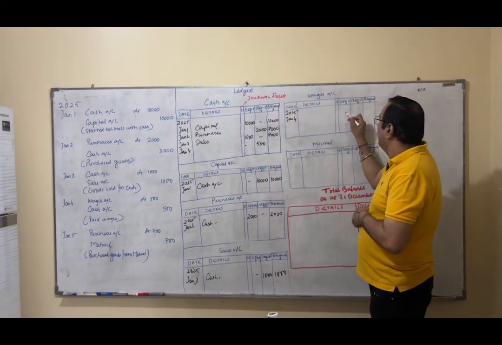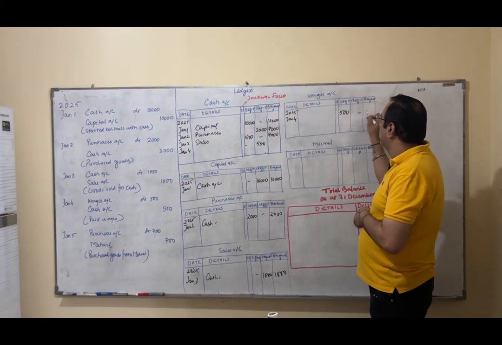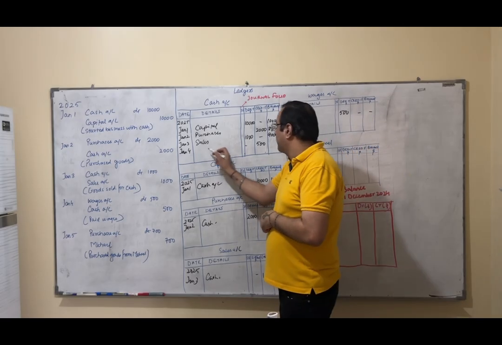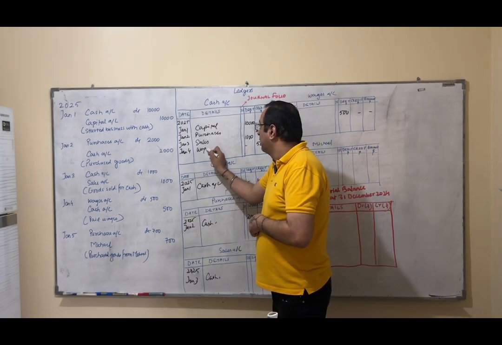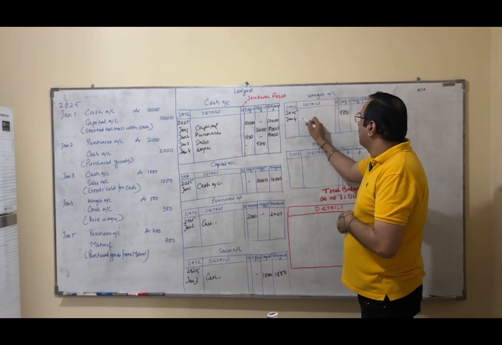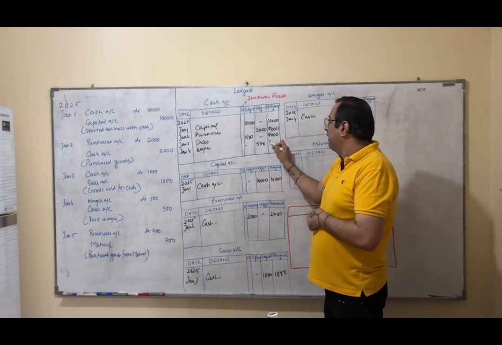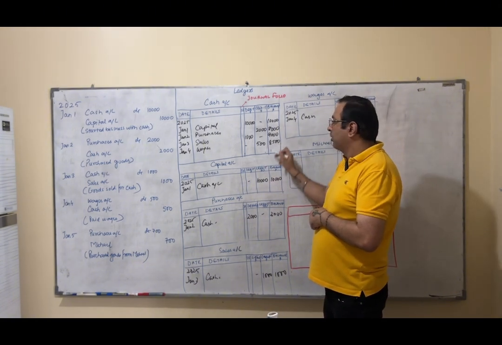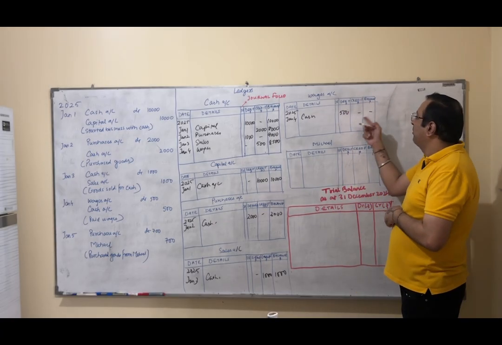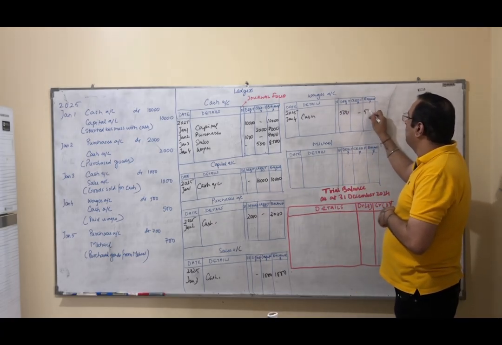Wages in debit side, I will write debit side 500. What is opposite to cash? Wages, right? What is opposite to wages? Cash. Now again, credit means goes out, it's 8500. Am I right? Here it's simple, so I'll just write down the same balance.